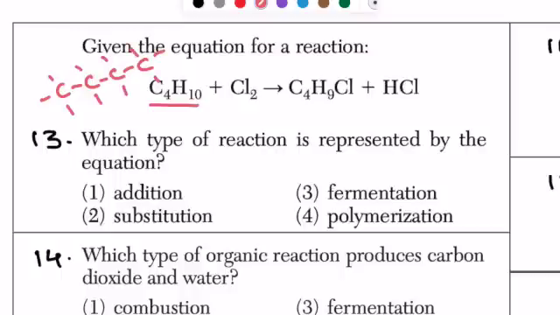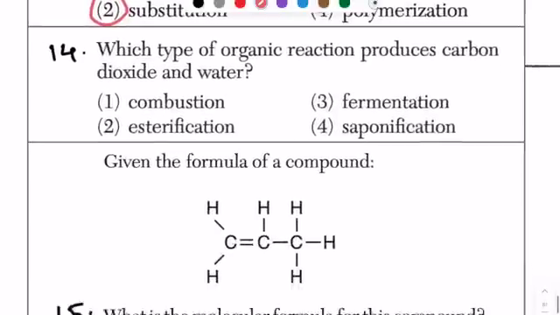So this is your saturated hydrocarbon that is combining with the chlorine, and then we see that there is 1 hydrogen leaving, and a chlorine is taking its place, and then we are also forming an acid. So this type of reaction is a substitution.